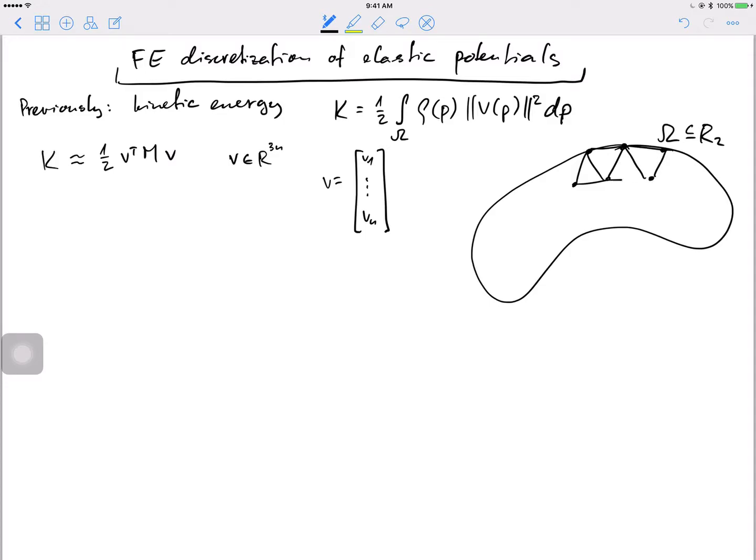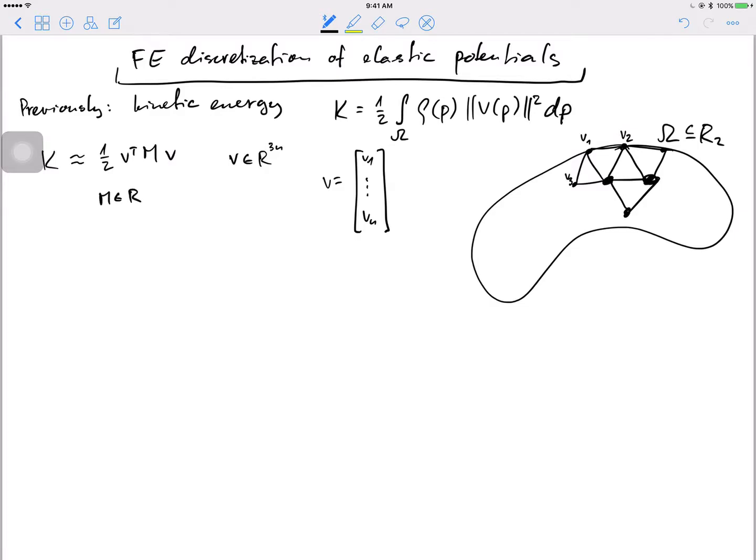That's how you discretize the domain. That's the key idea of finite elements. There are some nodes, and there are some edges forming triangles. Each of the nodes has a sample of velocities, so v1, v2, v3, and so on. And all of them go into this vector. And this V^T M V, that's the finite element approximation of the kinetic energy.